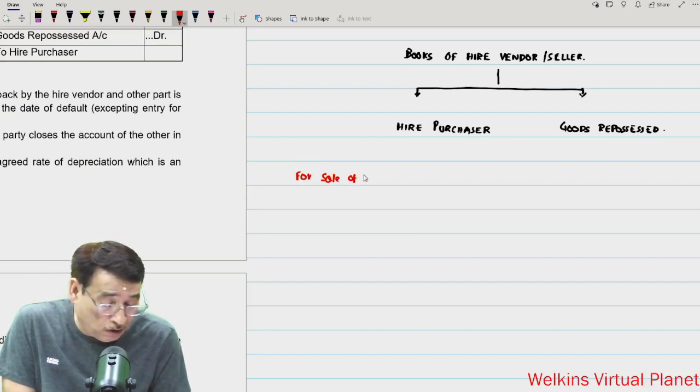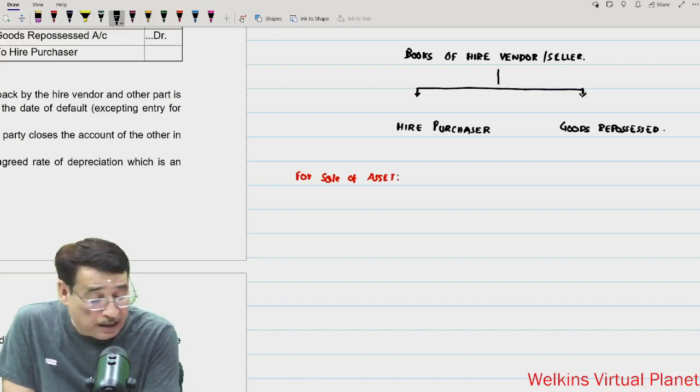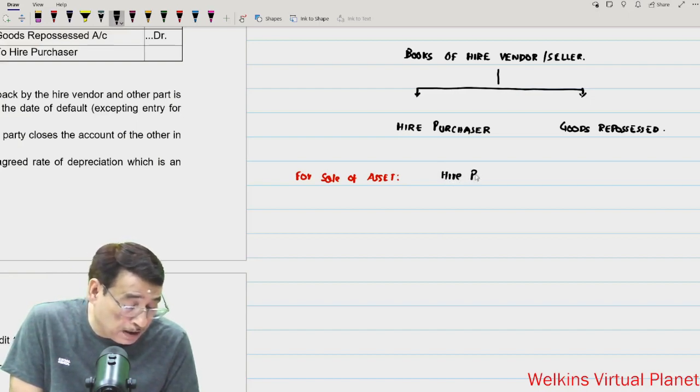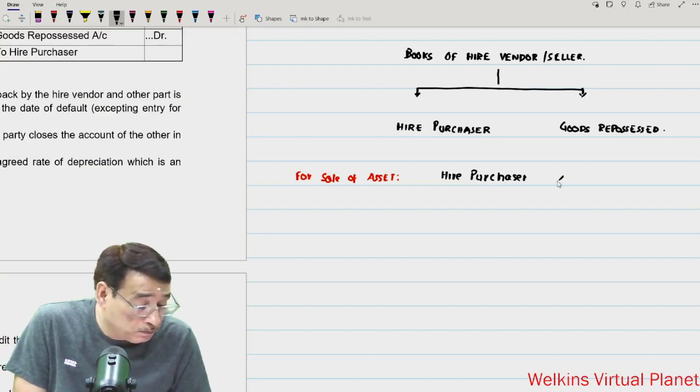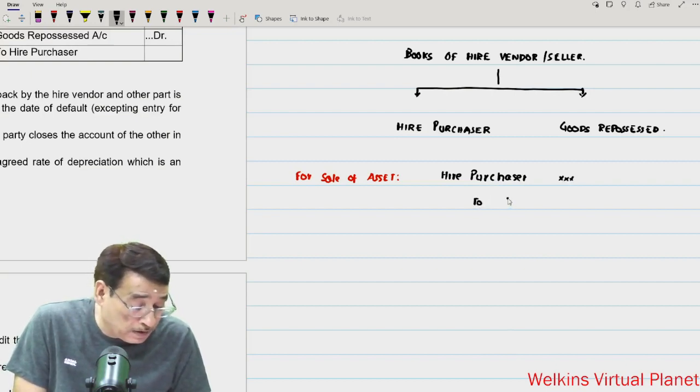For sale of asset. When he sells the asset to the hire purchaser, obviously he will debit the hire purchaser. Hire purchaser account debit to asset account.